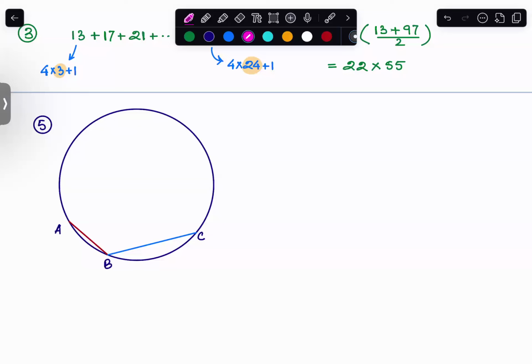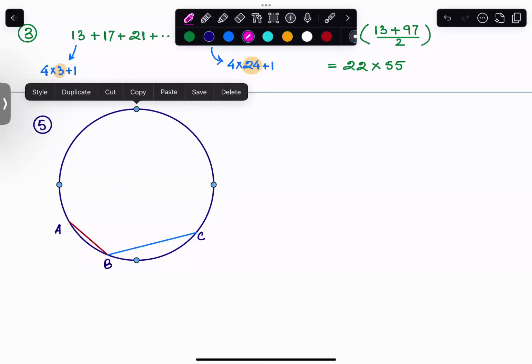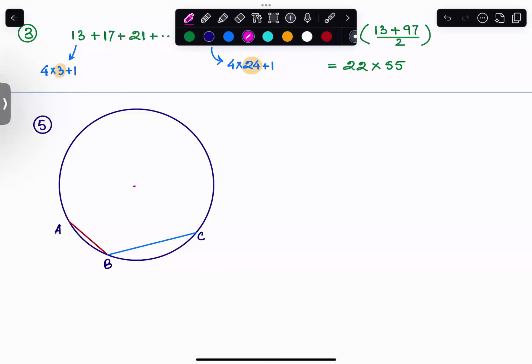From the center of the circle, we can identify this subtended angle is alpha and the other part has to be beta.